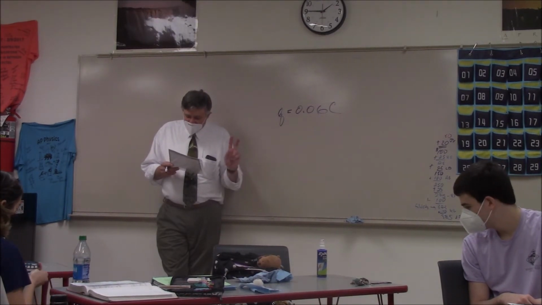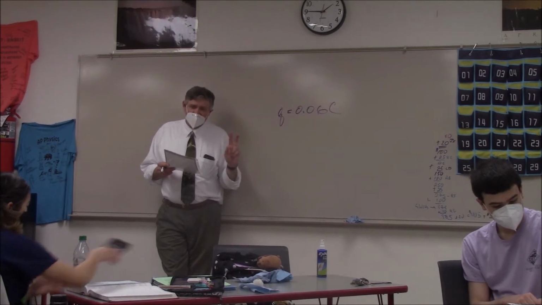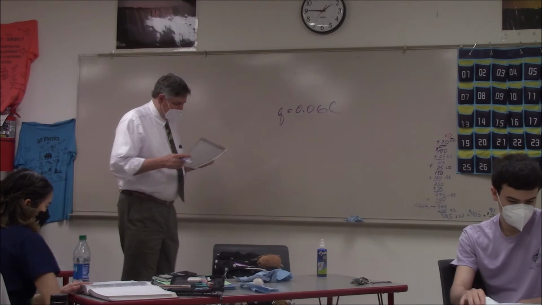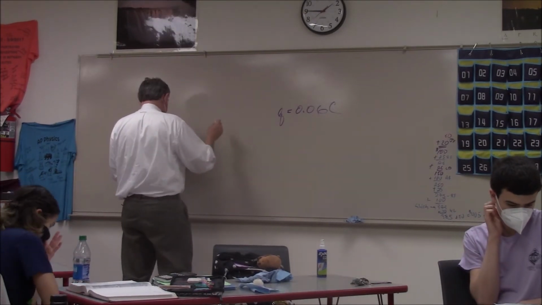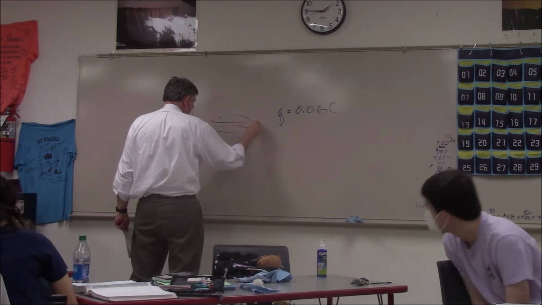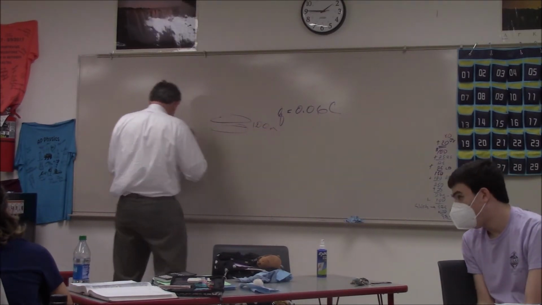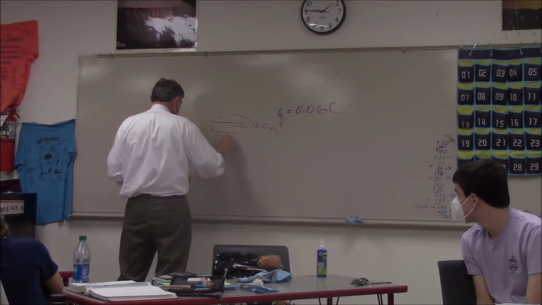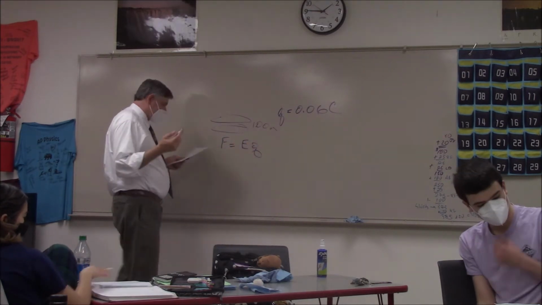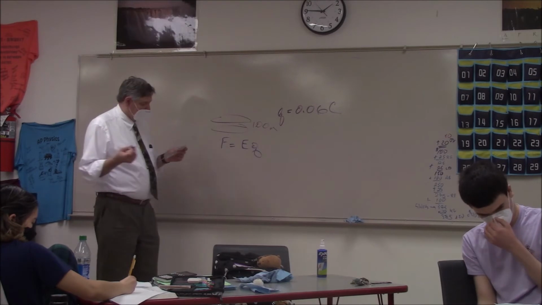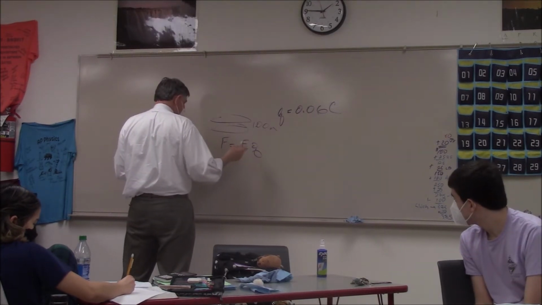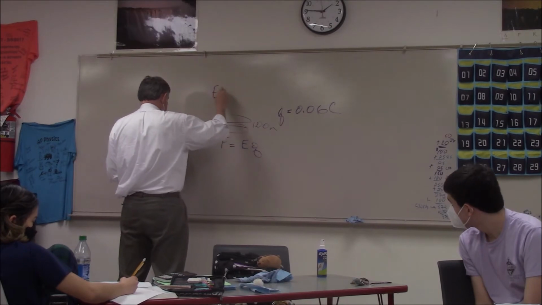Now, on 60, I like 60, because you've got to go old school. On 60 you've got these plates, and they're separated by 1 millimeter. You can use F equals qE, and the first thing you've got to find is that electric field.